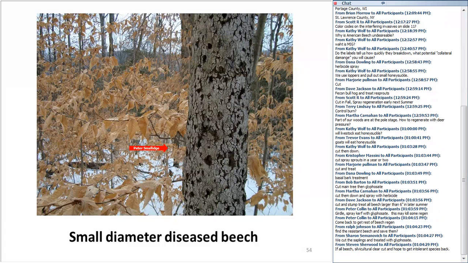So you guys have lots of good ideas here. They're scrolling past me. So cut them down. If you tried to spray this, there's probably about 100% American beech in this head-high zone. So if you sprayed them, there's going to be relatively little collateral damage.